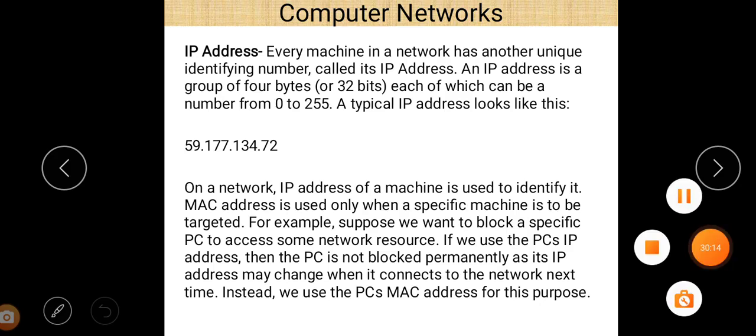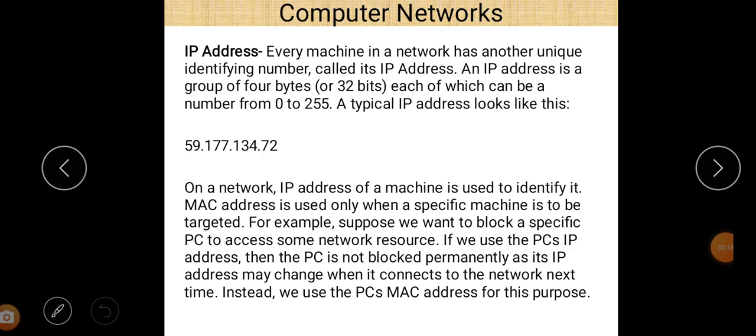The second term that is very important is the IP address. The IP address is the logical address, while the MAC address is the physical address. You can change an IP address, but you cannot change the MAC address of any NIC card or any machine. Remember that. The IP address is provided by the Internet Service Provider (ISP).